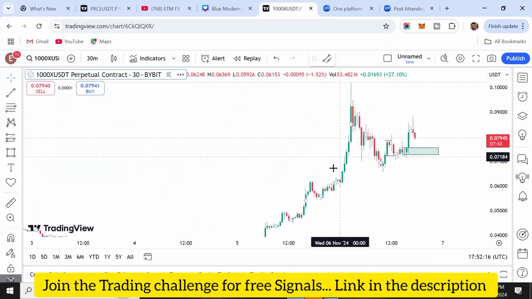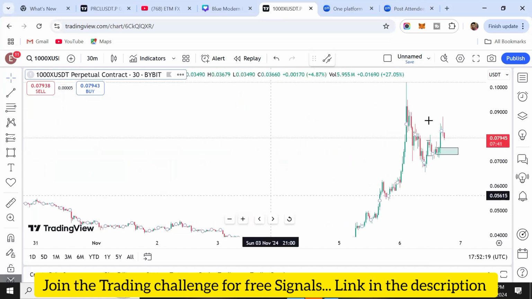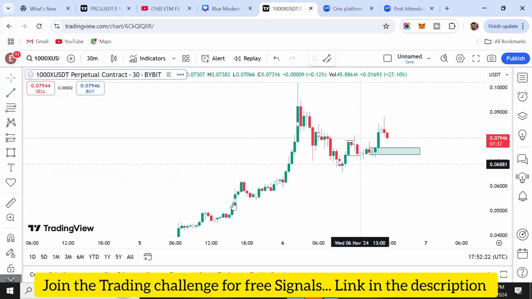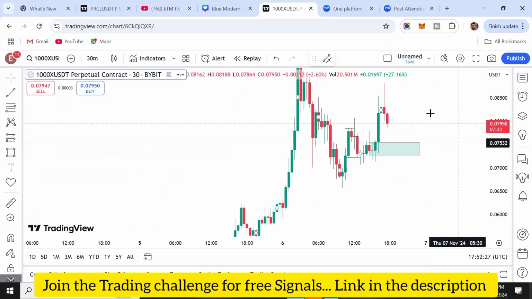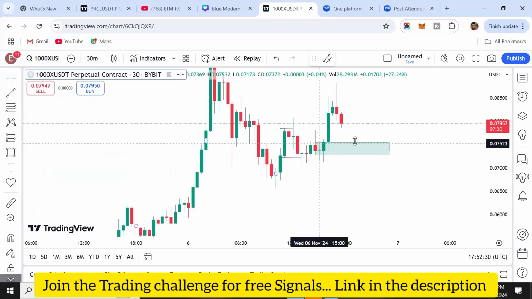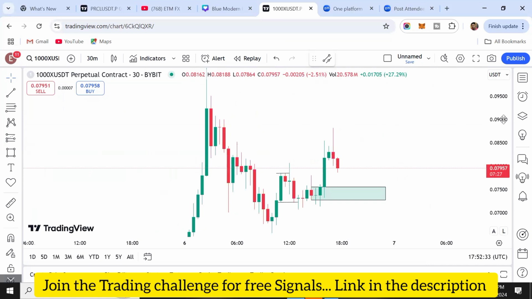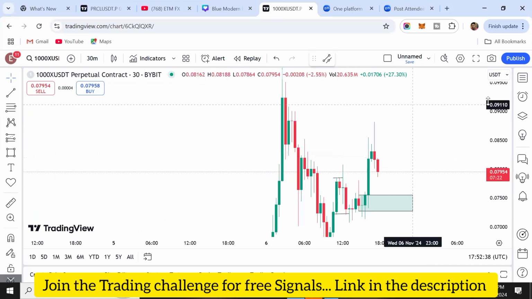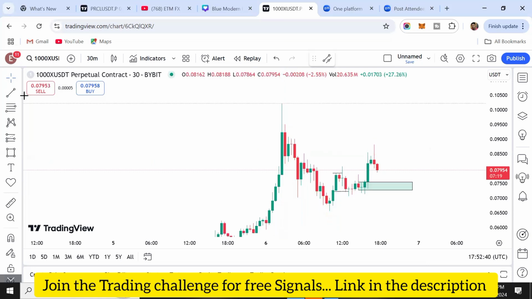The reason we are taking this trade is simply because this price structure is obviously bullish. You can see we're making consecutive highs. So we just wait. The price gets to this zone, we take our position, go into the trade, and then voila. TP is going to be the high of this candle.